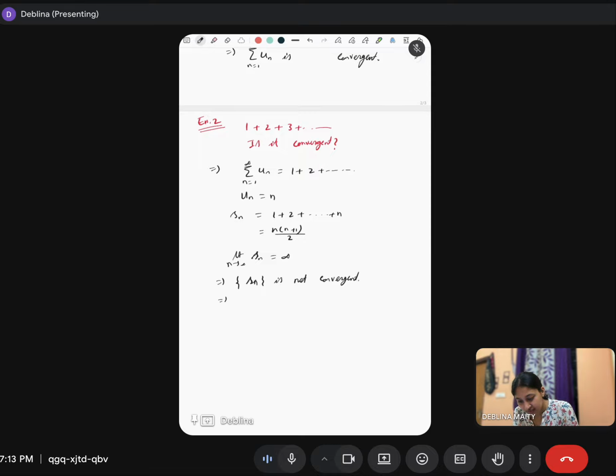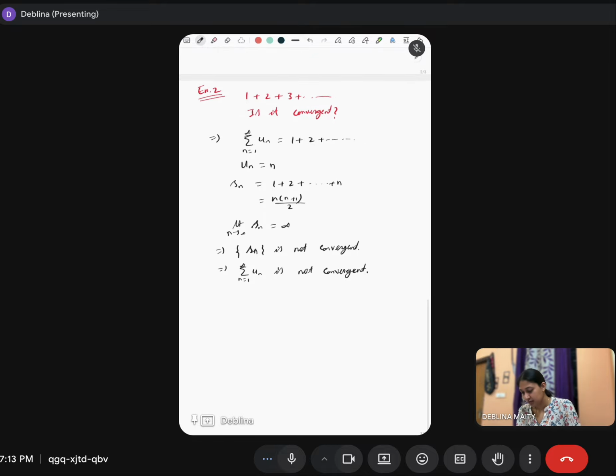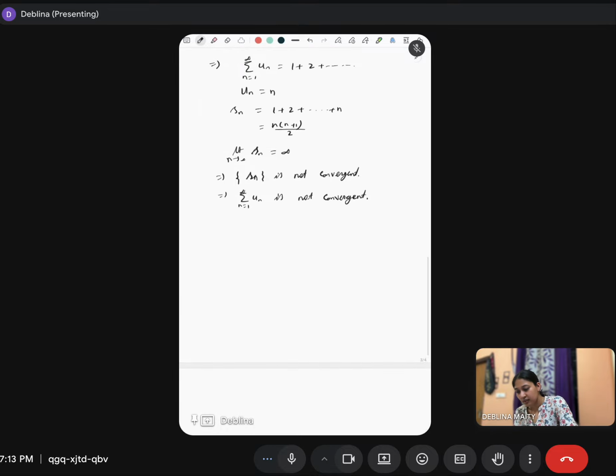Therefore, the sum of un is not convergent, right? Okay.